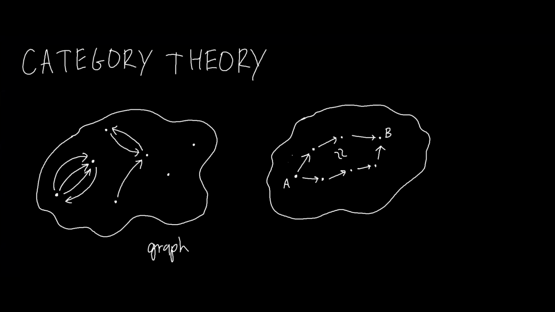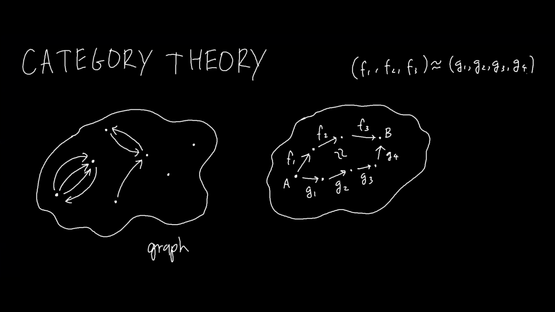If I want to formally write this out, the path of morphisms would be given by a sequence of indexed letters, let's say F and G. And we could write that the sequence F1, F2, F3 is equivalent to G1, G2, G3, G4, the way I just did it on the screen.